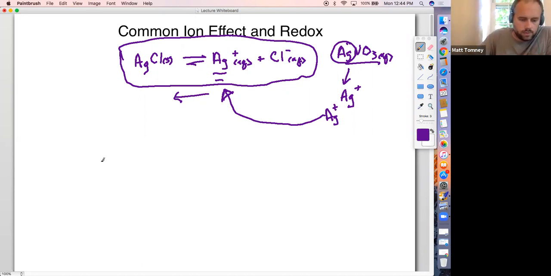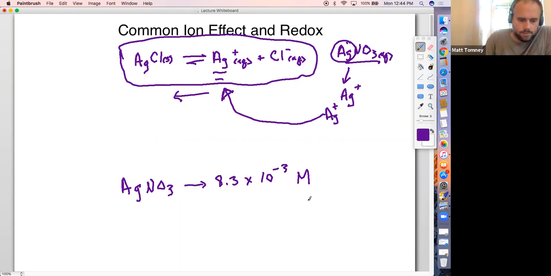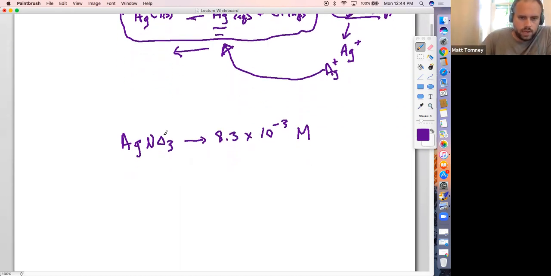So here's what we're going to do. We are going to take a silver nitrate solution, okay? And the silver nitrate solution is going to be given a concentration. The concentration we're going to give this is 8.3 times 10 to the -3rd molarity, right? And now what we're going to do is calculate the solubility. And when we say solubility here, we're talking about in grams per liter.